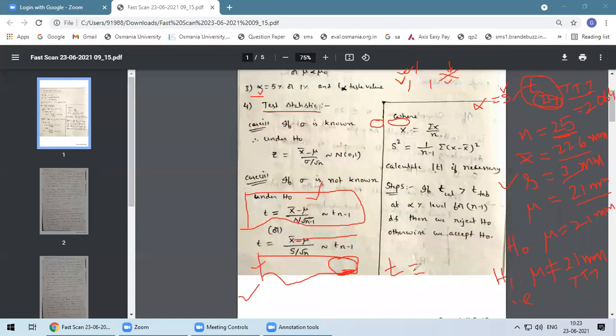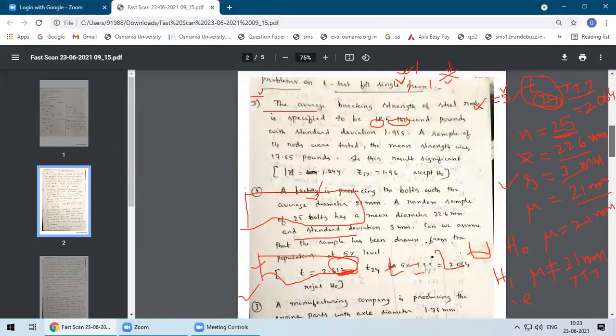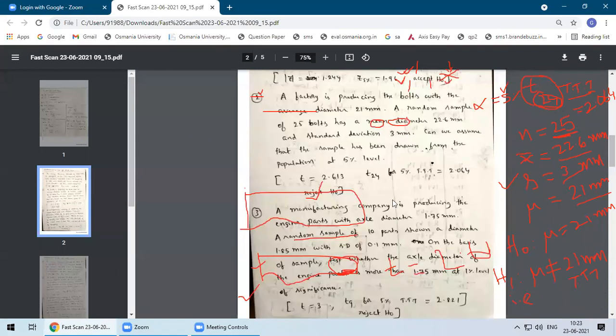If you simplify, you will get 2.61. I have already given the answer in this problem. t equal to 2.61.